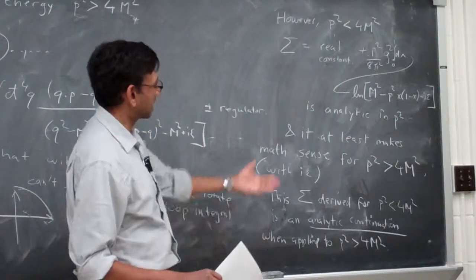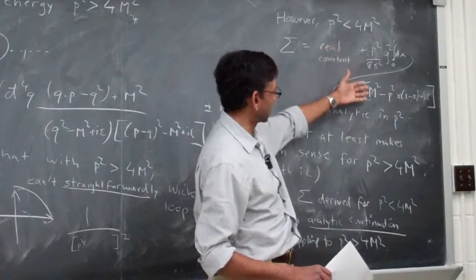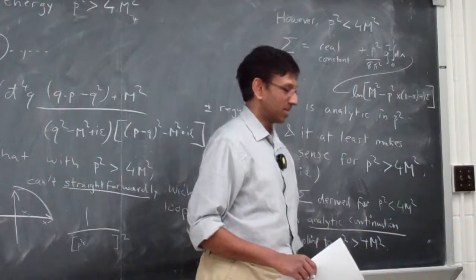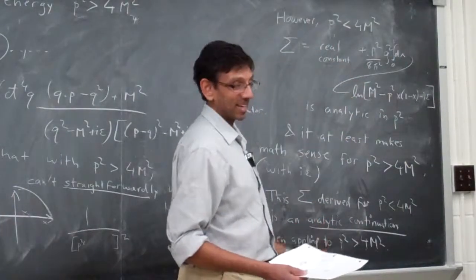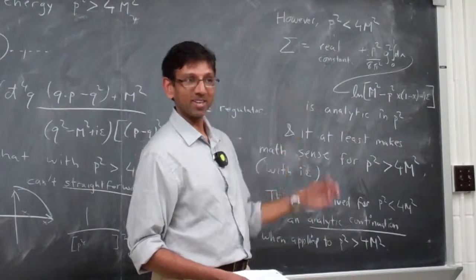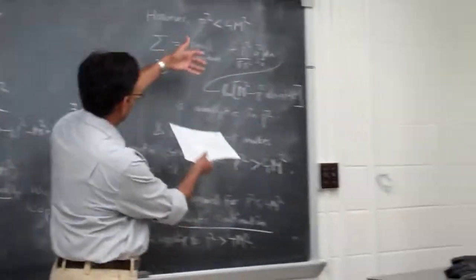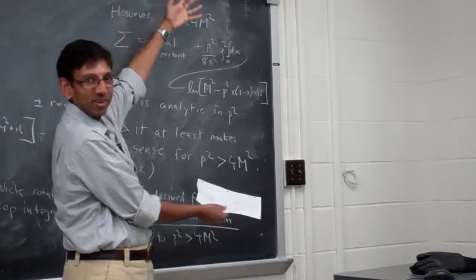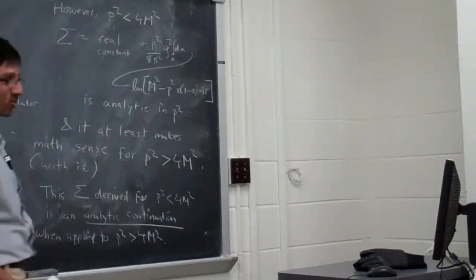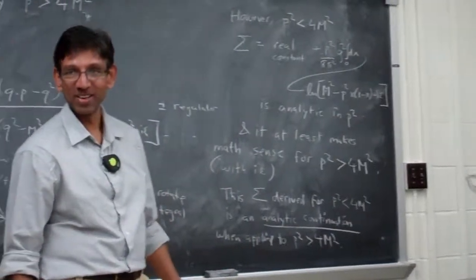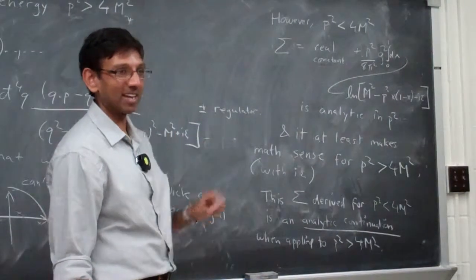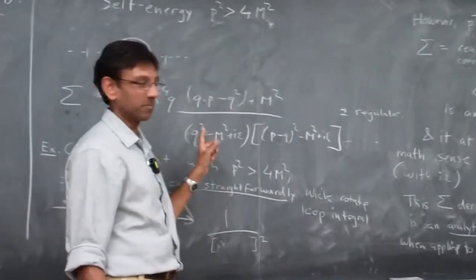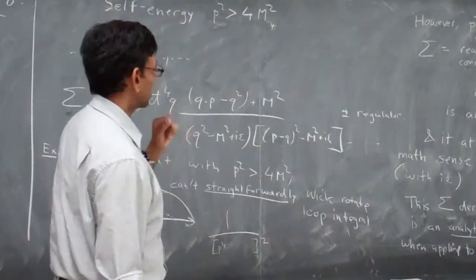But here, it's an analytic continuation to say that this thing is true here. Mathematically, you could just say that, and that would be that. That would be almost like a definition to say, look, I can extend, this is an analytic function, and I can extend its domain of applicability to p squared greater than 4m squared, and it remains analytic. It's great. But the question is actually the answer to the physics question we have over here. And here's the thing.